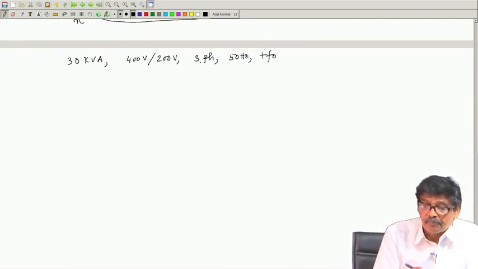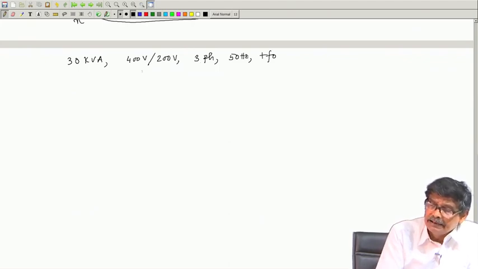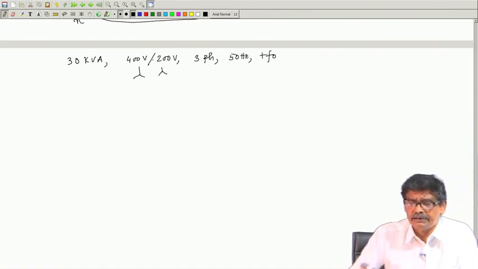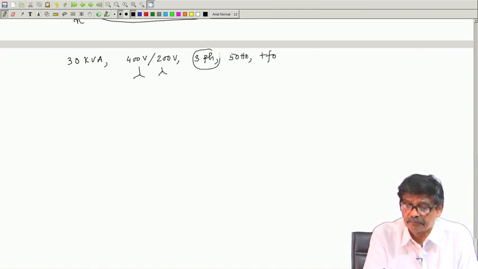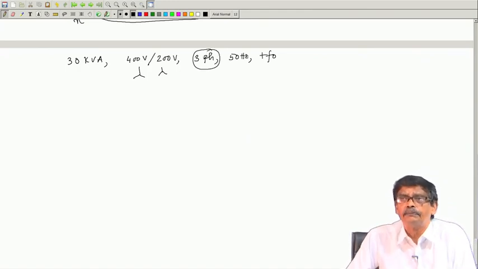Okay. Now, I say that the transformer is star connected, it is given star connected, and it is a 3 phase transformer, not a bank of 3 single phase transformers put together.